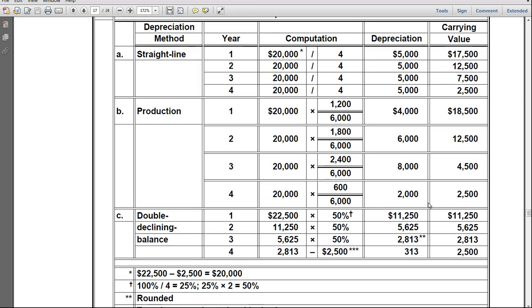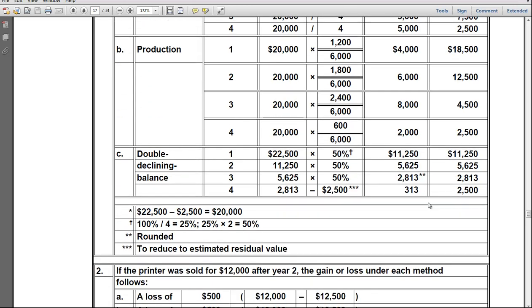Now for the double declining balance method, keep in mind that the residual value is not accounted for until the last year. So we start with our cost and multiply by 50%. You can see here that 50% was based on 100% divided by the 4 years equals 25%, then times 2 because it's double declining balance equals 50%.